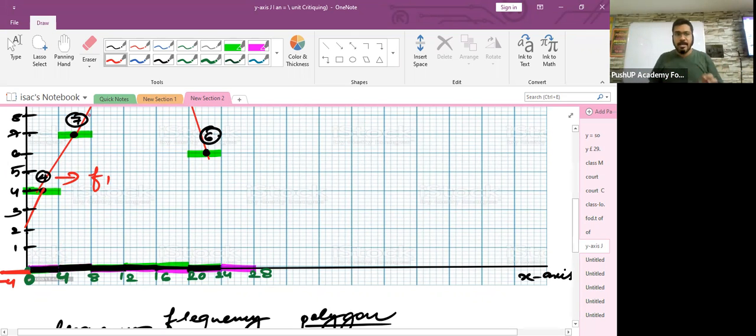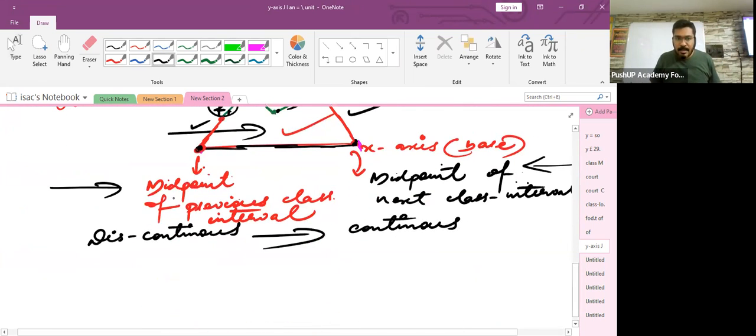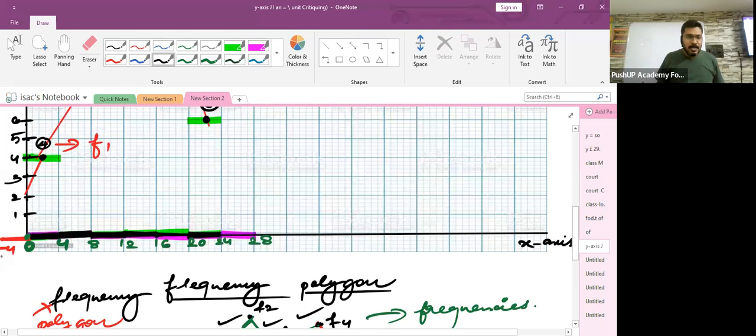The rule says that you have to connect this point 4 to the midpoint of the previous class interval. And that is what I made you write here. The midpoint of the previous class interval. So for 0 to 4, -4 to 0 was the previous class interval. Wherever is the midpoint, children?